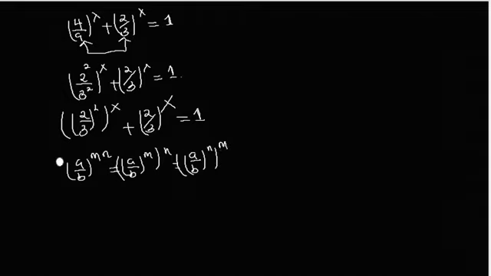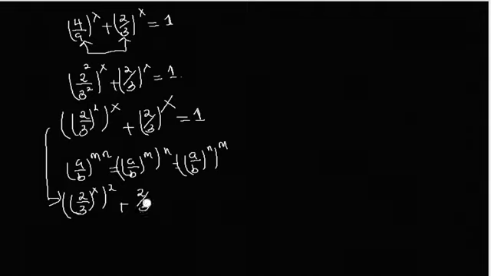So we want to use that law to rewrite our expression here as 2 over 3 to the power of x, to the power of 2, plus 2 over 3 to the power of x, and that is equal to 1.